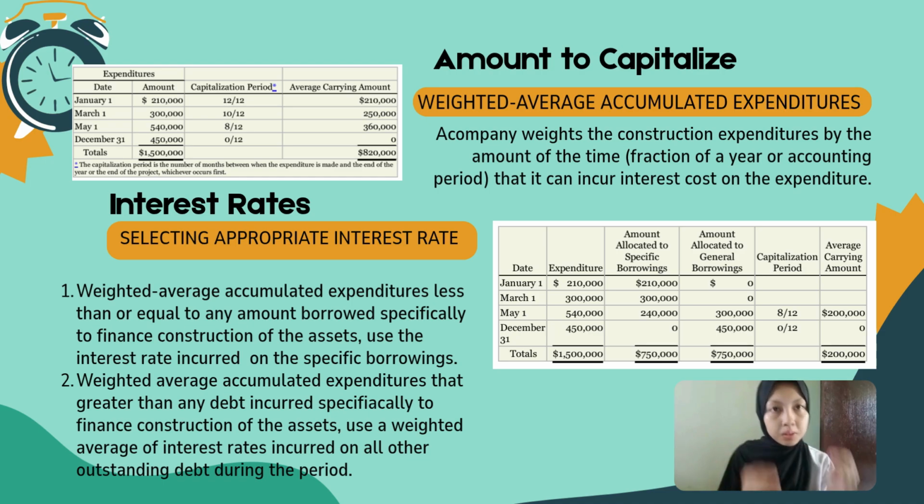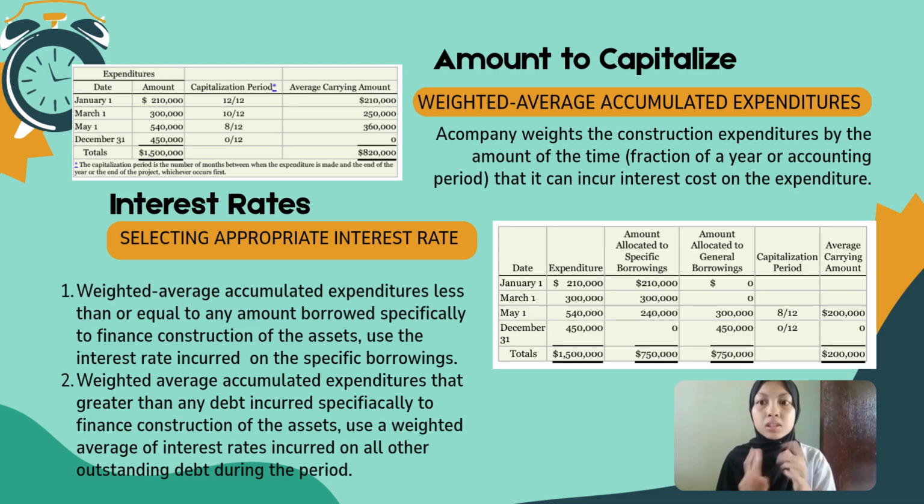So for the amount, we use the weighted average accumulated expenditure, which is multiplying the construction expenditure by the time fraction of the year or accounting period that it can incur interest costs on the expenditures. So how to calculate this is by this example. We have an expenditure date of March 1st, and then we need to calculate from March until the end of the period, which is December.